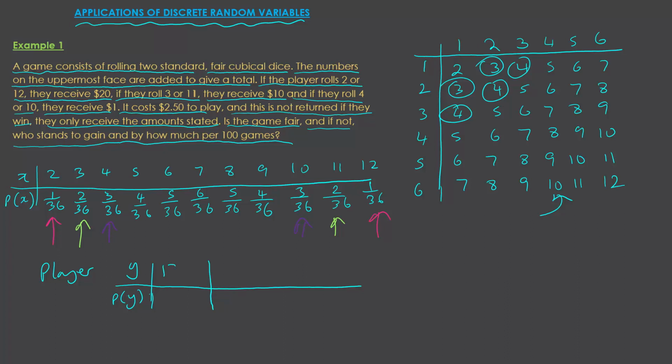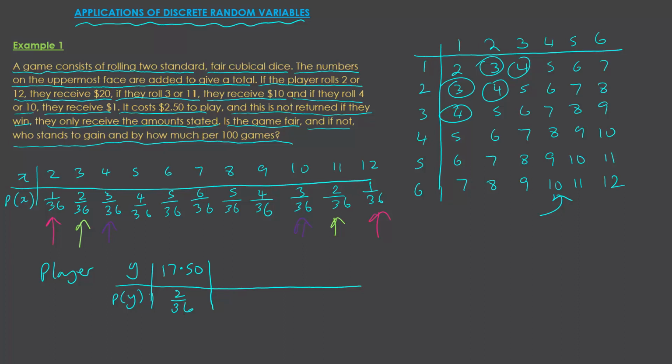That actually means that we've gained $17.50. It's always important to read the question to see whether the house keeps your stake or whether that comes back with winnings. Usually assume it comes back with winnings. But in this case, they keep the $2.50, they just give you $20. So you end up $17.50 up, and the probability of that, 2 or 12, is 2 out of 36.